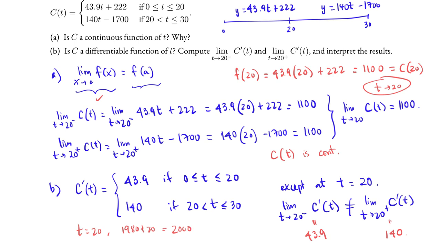What this rate is telling us is that prior to the year 2000, the cost of the television ad during the Super Bowl increased by $43,900 per year, but then abruptly the cost increased to $140,000 per year right after the year 2000.